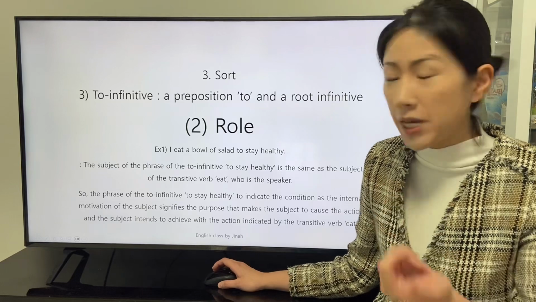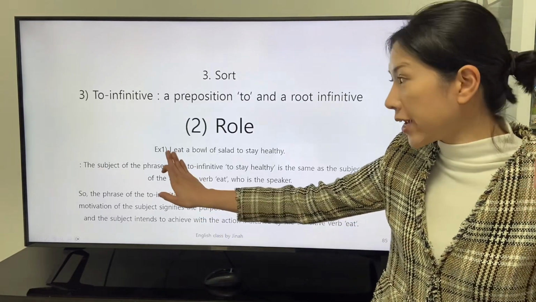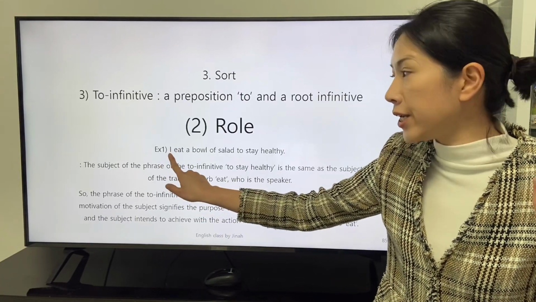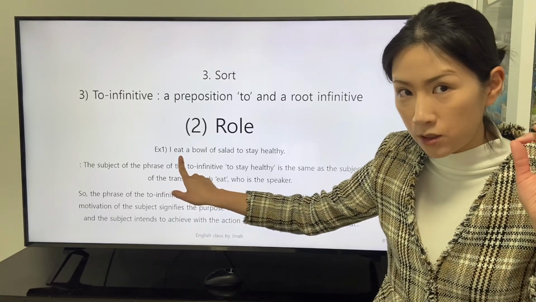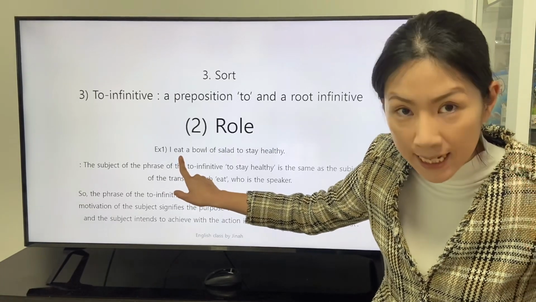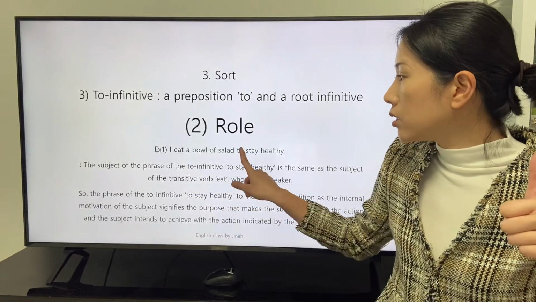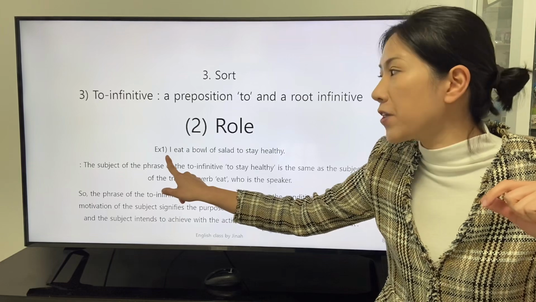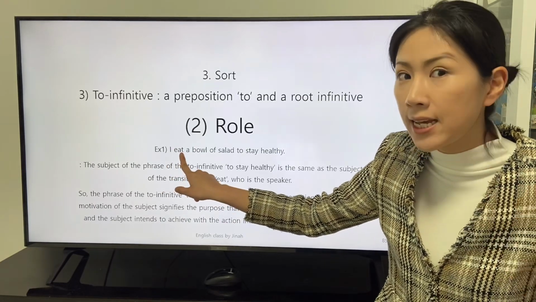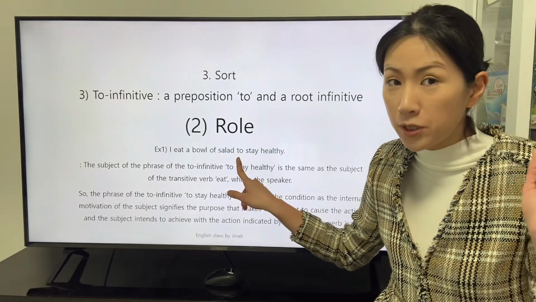Who is the speaker? The subject, who is the speaker, is the subject of the action indicated by the transitive verb eat. And the speaker, who is the subject of the transitive verb eat, is also the subject of the preposition to.